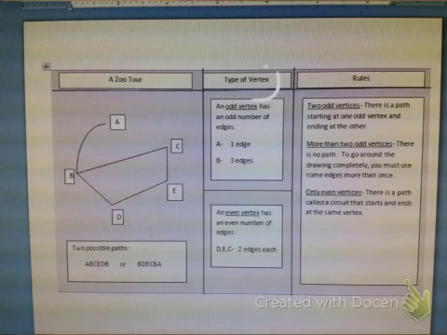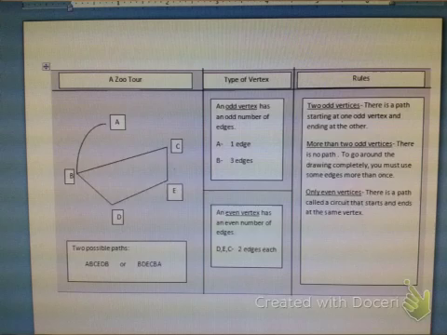For the second rule, we have more than 2 odd vertices. In a diagram, if there are more than 2 odd vertices, there is no path. To go around the drawing completely, you must use some edges more than once.